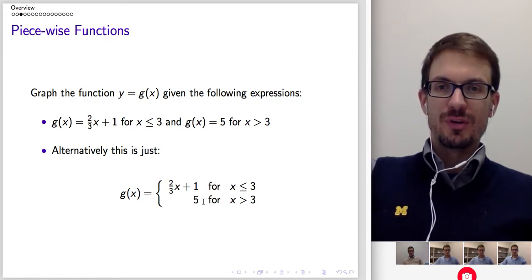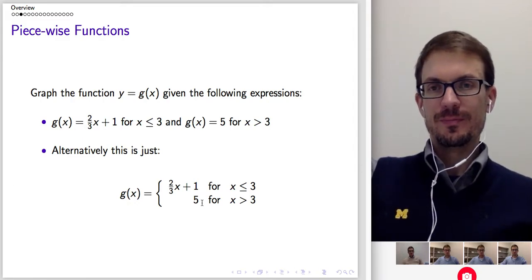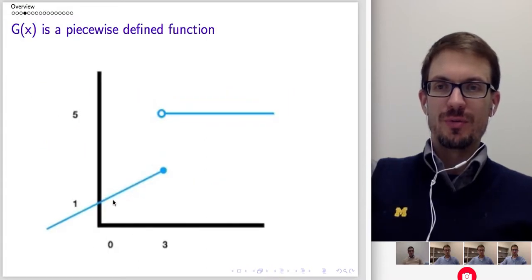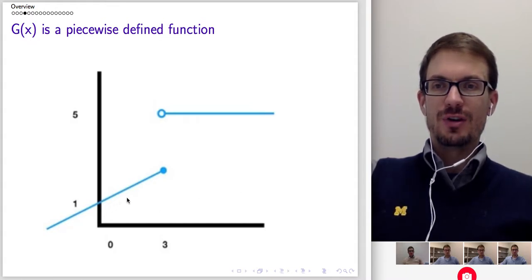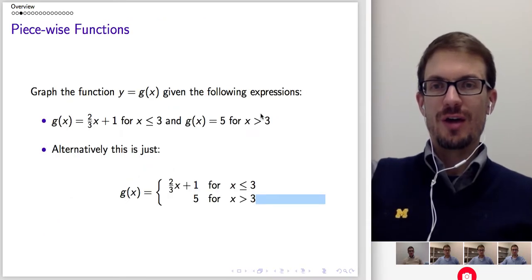So you can think about what this is going to look like. We're going to have this upsloping portion, and then a flat portion. More precisely, we're going to have an upsloping portion, closed circle, upward jump, and then flat at 5. Let's go back and make sure that makes sense. This is saying we're going to have a closed interval up to 3, and an open interval beyond 3. Is that correct?